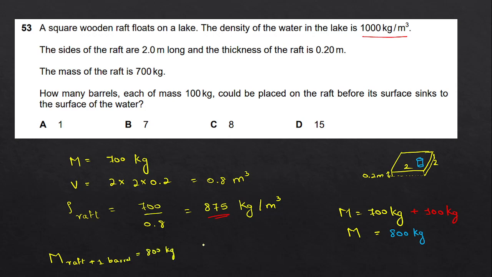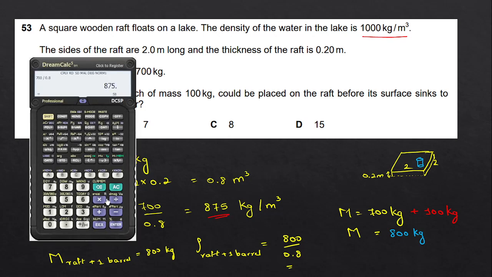Now if I have to find the density of the raft along with one barrel, that would be equal to 800 by 0.8. Let's use our calculator. 800 divided by 0.8, that's 1000.